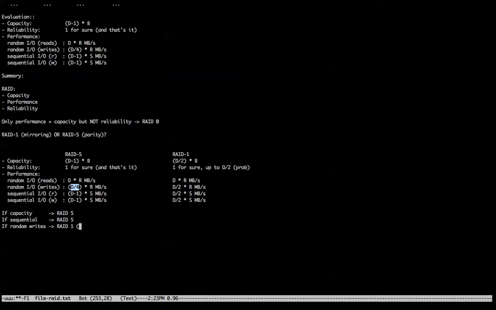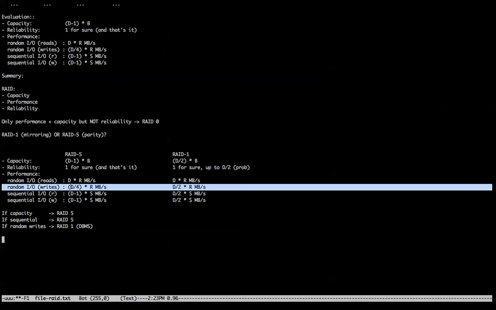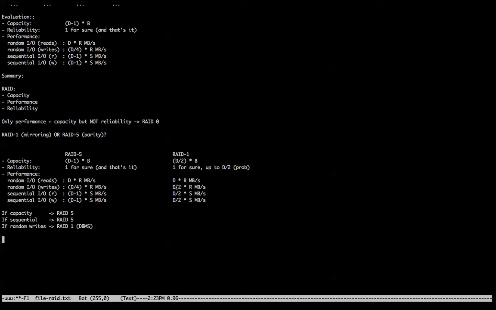And this is common enough, for example in database management systems, or DBMSs, that it'll be a common choice for people in that space because paying that factor of 2 penalty is much better than paying a factor of 4. You could think of that as, to have equivalent performance, you'd have to buy twice as many disks in a RAID 5 system. So that's RAID.